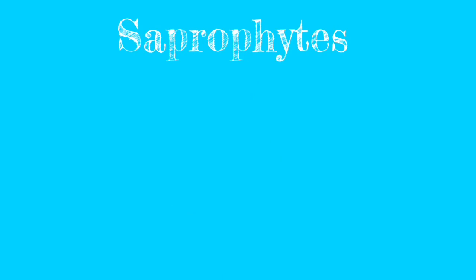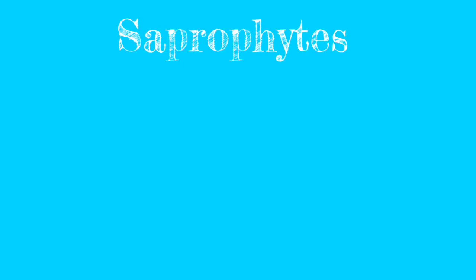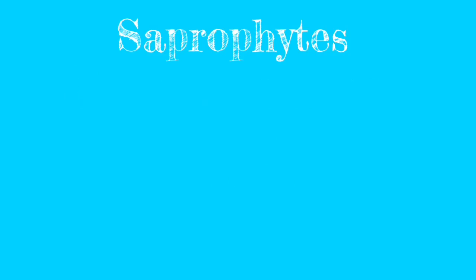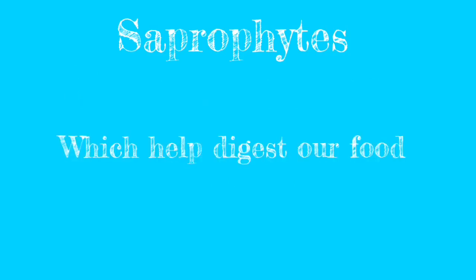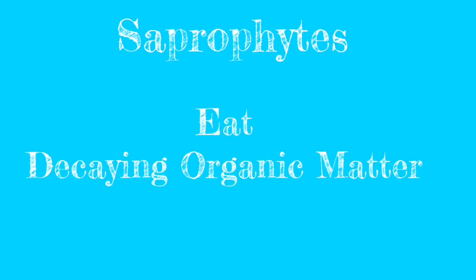Now, moving out of the topic, we all know that we as humans digest our food. All animals, everything digests what they eat. And to do that, many digestive enzymes and juices are present in our body, which help digest whatever we have eaten. Now, these saprophytes eat decaying organic matter.